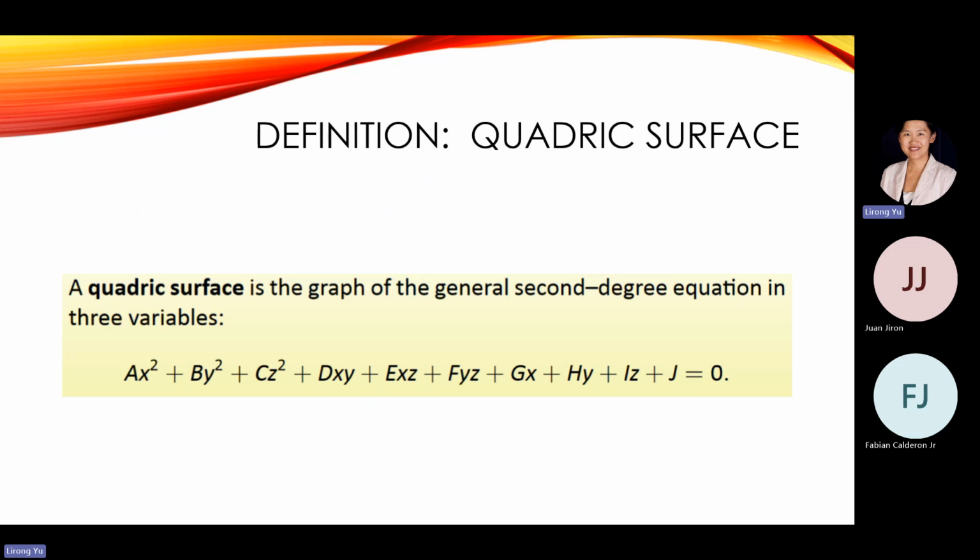Quadratic because we have degree 2: x squared is degree 2, y squared is degree 2, z squared is degree 2, x times y is also degree 2, and then we have x, y, z, those are degree 1, and then the constant is degree 0. We do not have exponential function, logarithm function, or any trig function. So the equation is purely a degree 2 or lower polynomial of the variables.